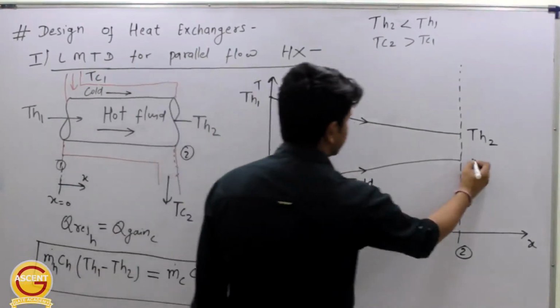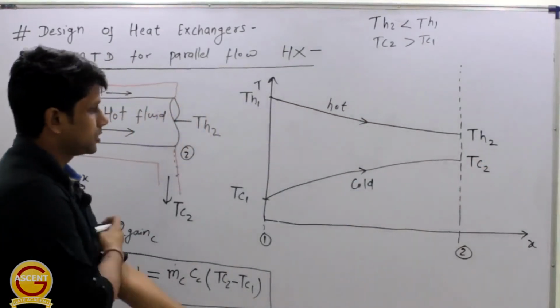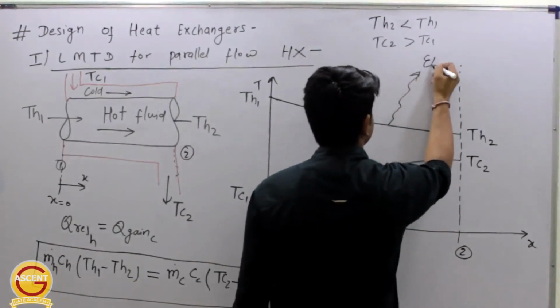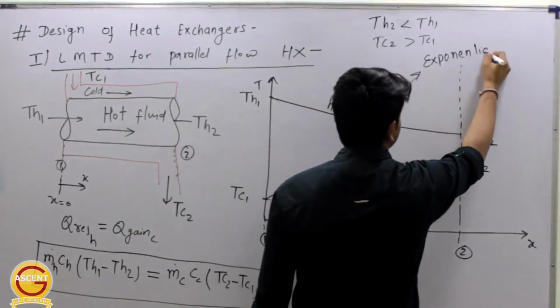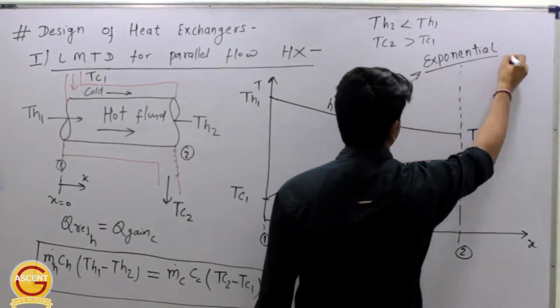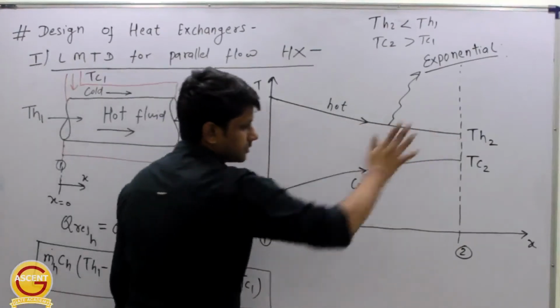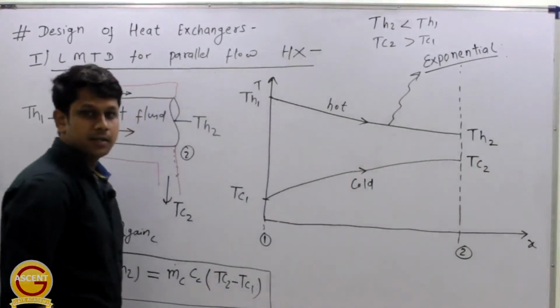This is Tc1 and this will be Tc2. Right? So this is our temperature profile, and how it is? It is exponential. Right? The temperature profile is exponential, and for hot fluid it is decreasing in forward direction, and for cold fluid it is increasing. Right?